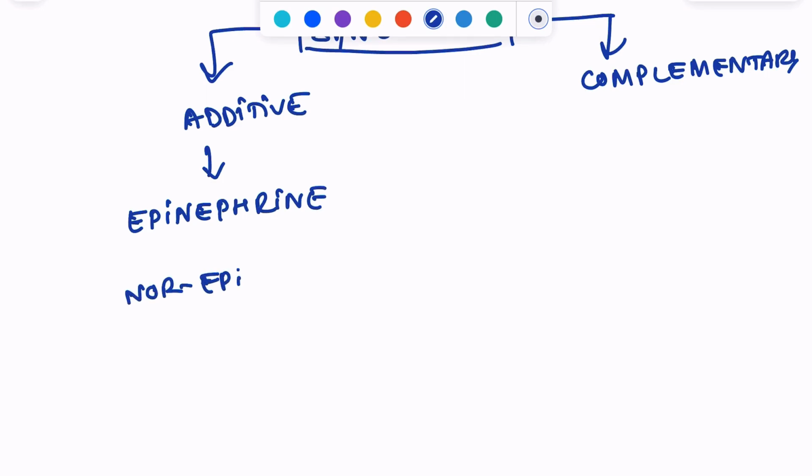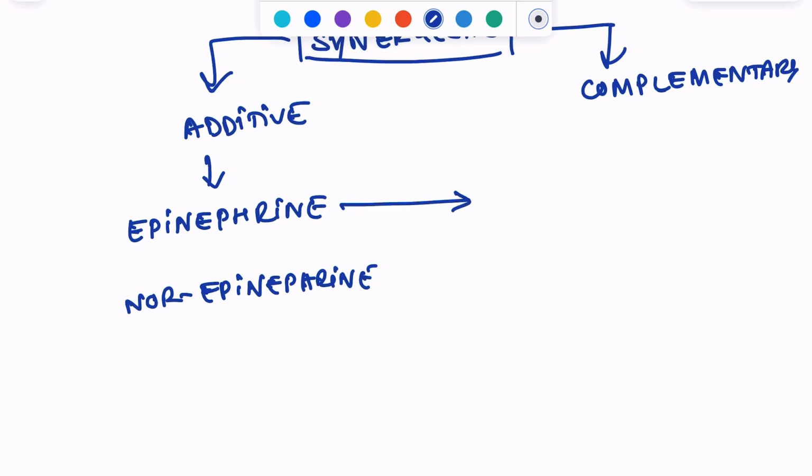Okay, so what is the normal function of epinephrine? They increase the cardiac rate. What is the normal function of norepinephrine? They also increase the cardiac rate.